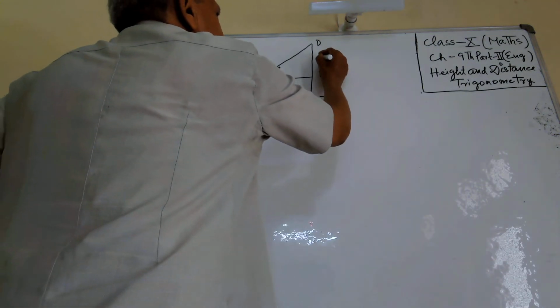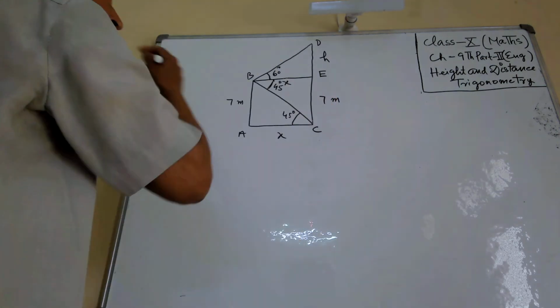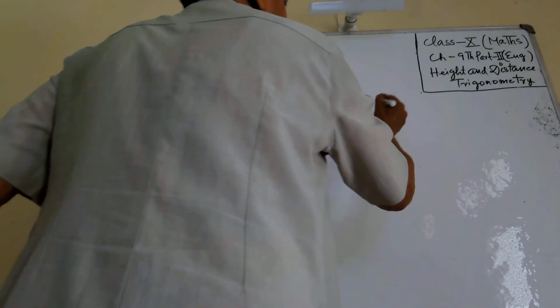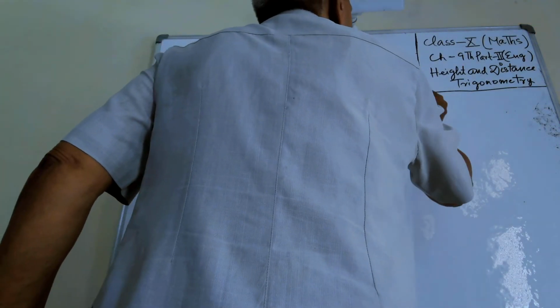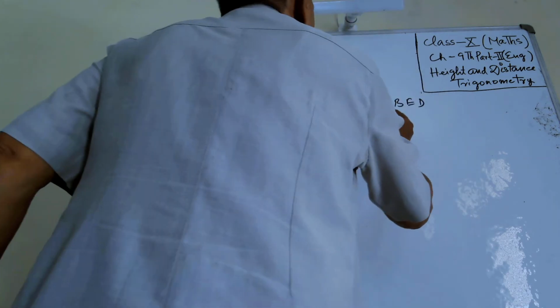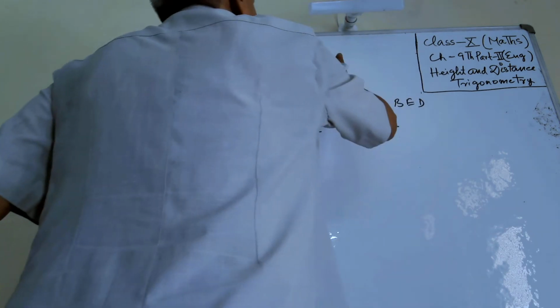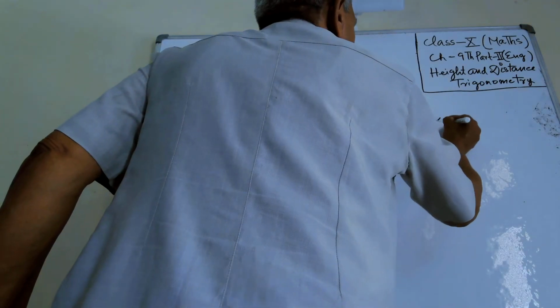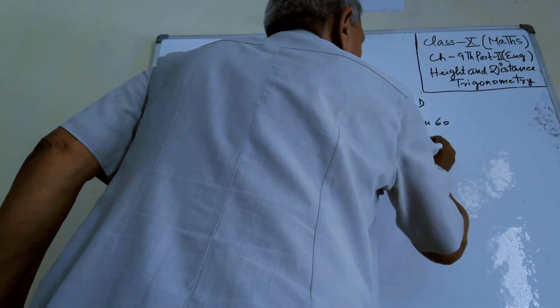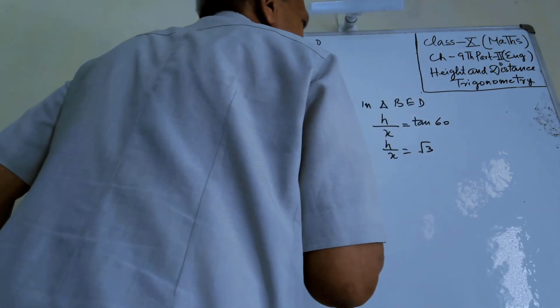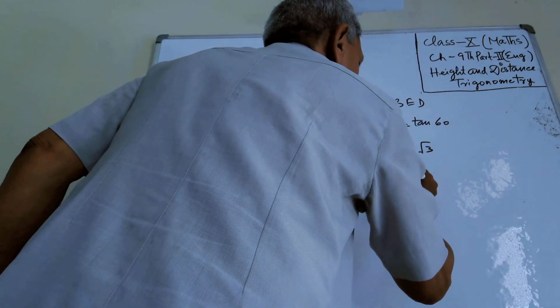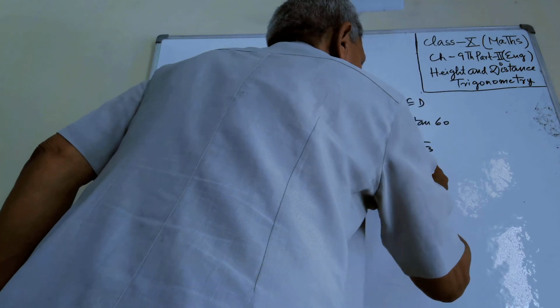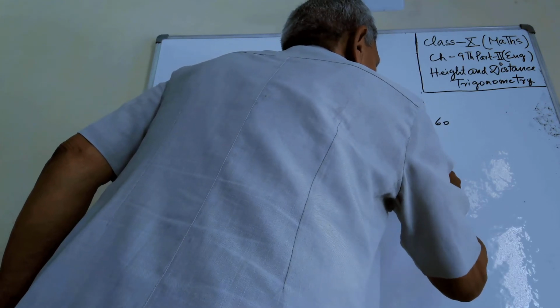We have to find out the height of DE, say H. Now in triangle BED, BE is the base, H is the perpendicular, so H upon X is equal to tan 60, which is root 3. So H is equal to root 3 x.